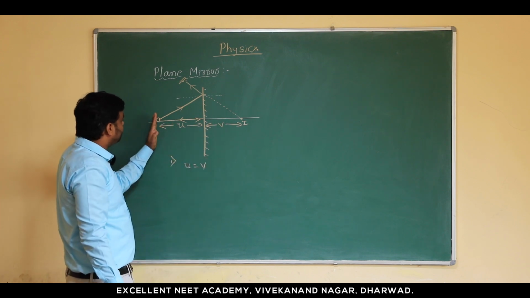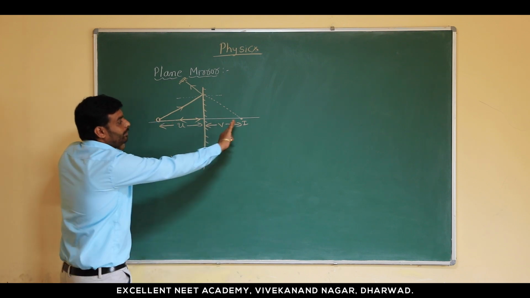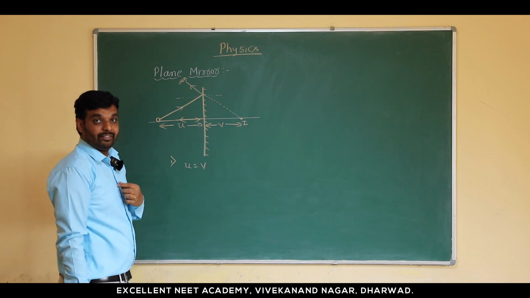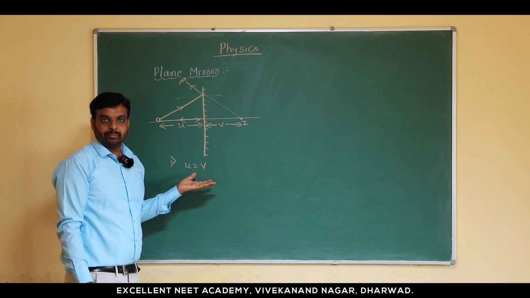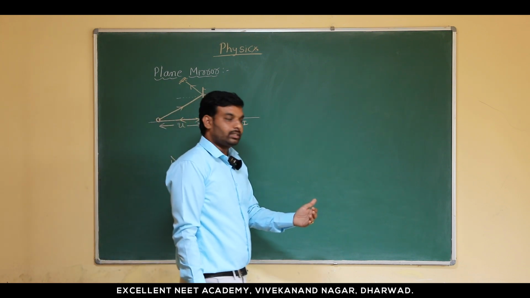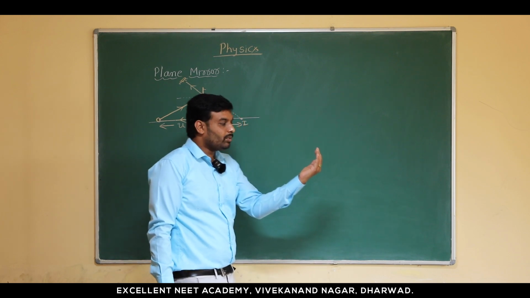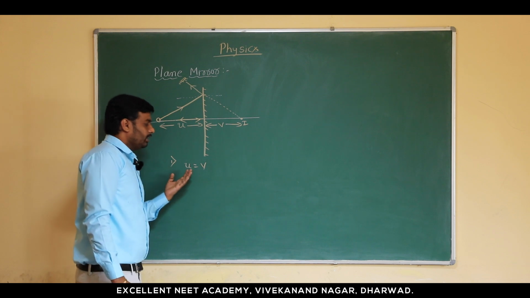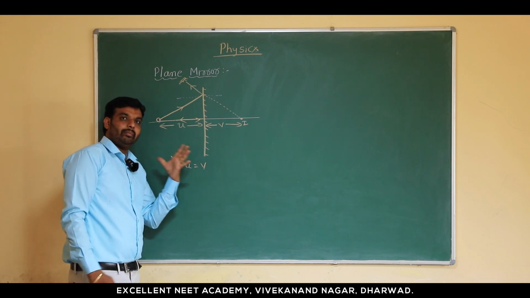If the object is moving away from the mirror, the image also moves away from the mirror. As you observe in your life, when you stand in front of a dressing mirror and move forward, the image also comes forward. If you move backward, the image also moves backward. Same thing. Therefore object distance is equal to image distance.